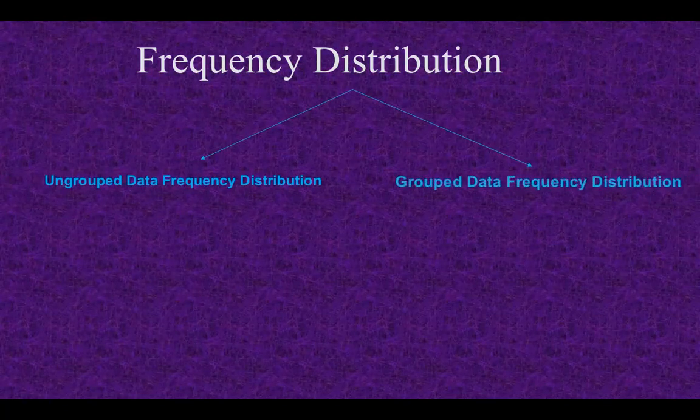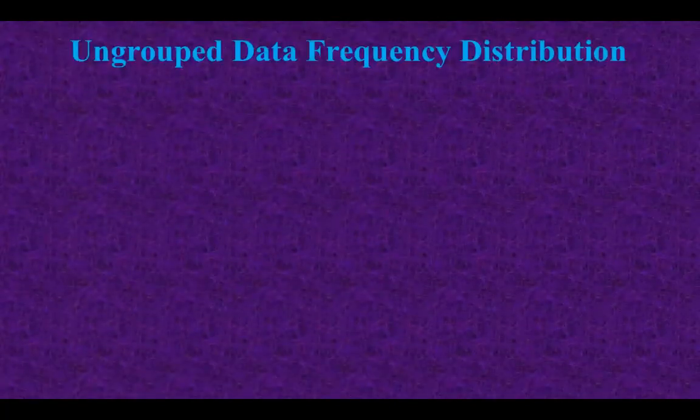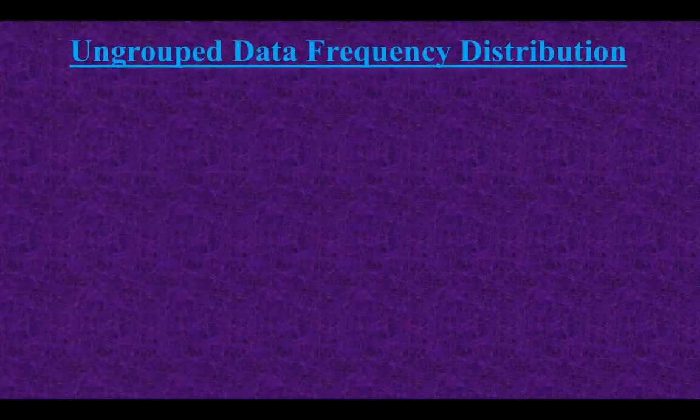Frequency distribution is of two types: ungrouped frequency distribution and grouped data frequency distribution. Ungrouped data frequency distribution is used when the data is in qualitative form or when it is discrete data. In the previous class, we have gone through what qualitative data is and what discrete data is.